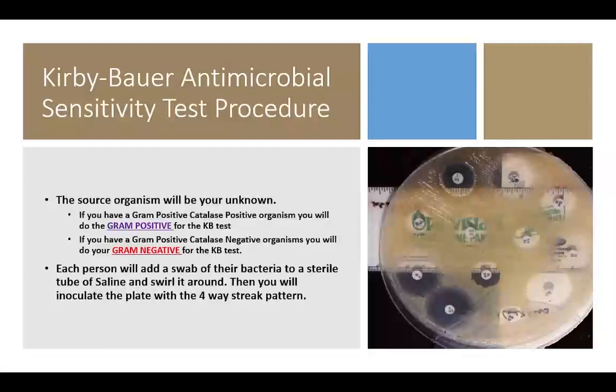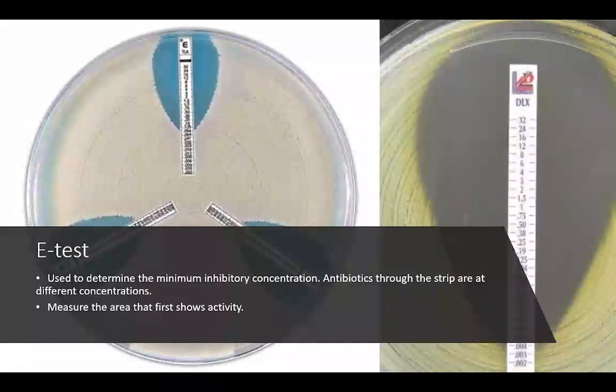Now, on top of this, we will also do something called an E-test, which is this guy right here. We'll give you the bacteria to use for these E-tests. What they are is antibiotics embedded into a kind of nitrocellulose material, typically, or plastic polyvinyl sheet. And they're embedded in there at different concentrations so that you can determine the minimum amount that you have to give to kill that bacteria.